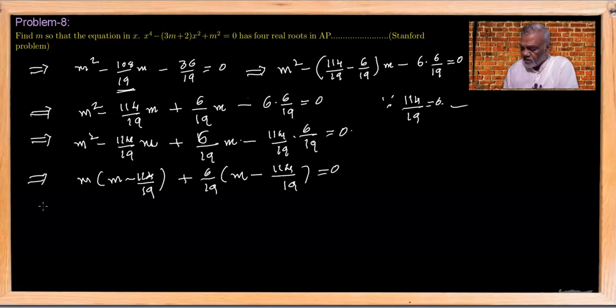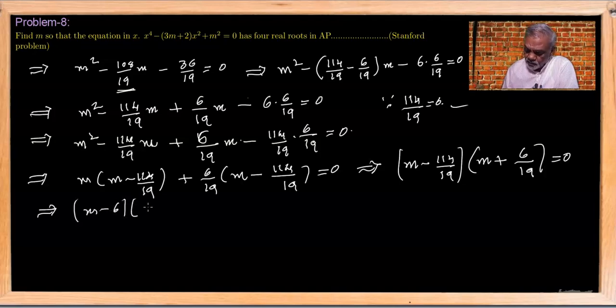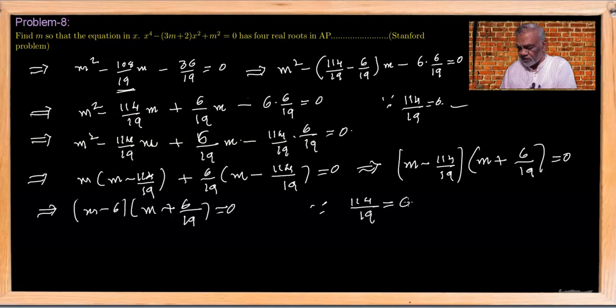And this implies (m minus 114 by 19) into (m plus 6 by 19) is equal to 0. This implies (m minus 6) into (m plus 6 by 19) is equal to 0, because 114 by 19 is equal to 6.